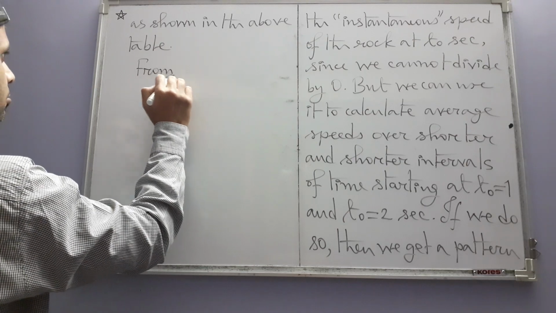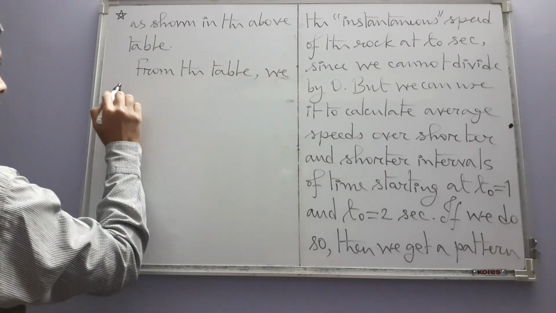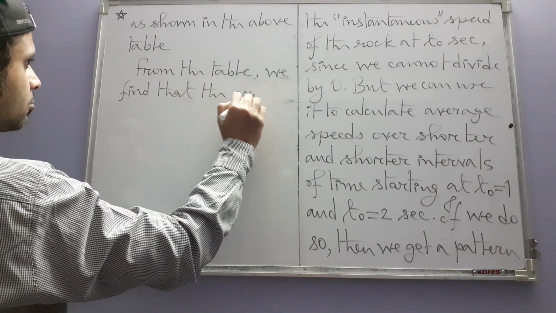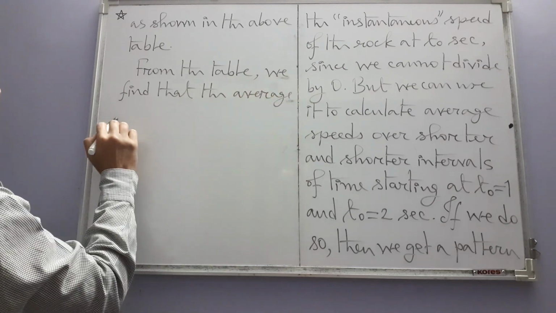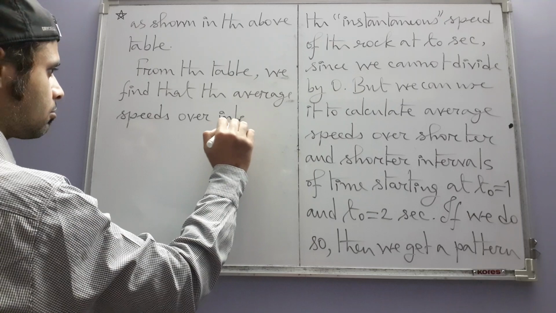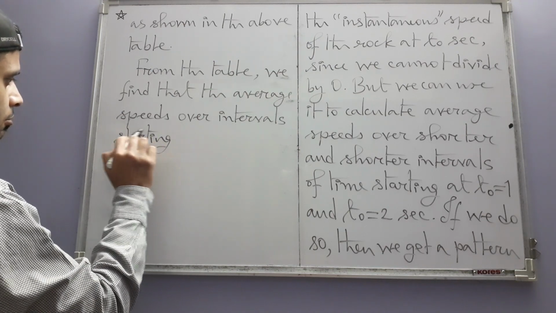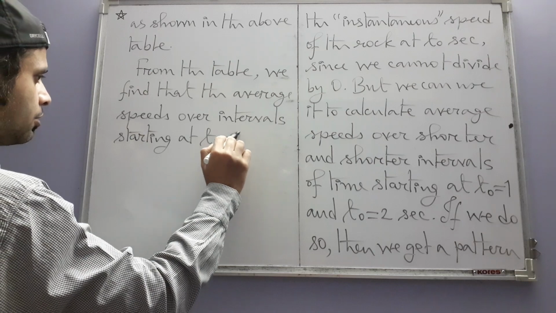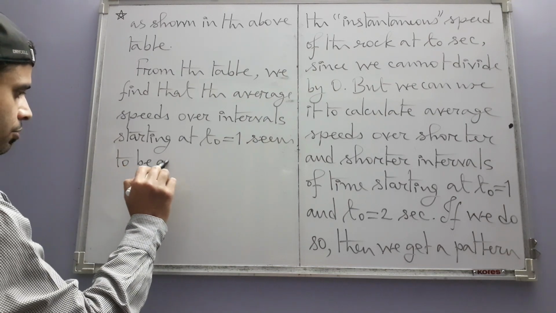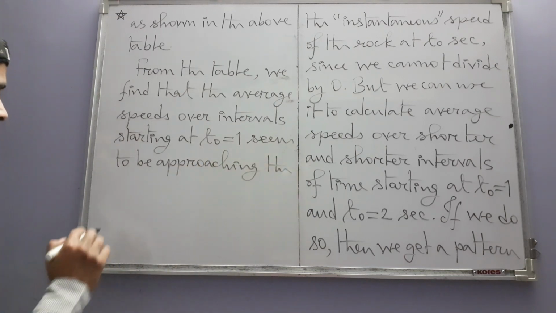From the table we find that the average speeds over intervals starting at t naught equal to 1 seem to be approaching the limiting value.